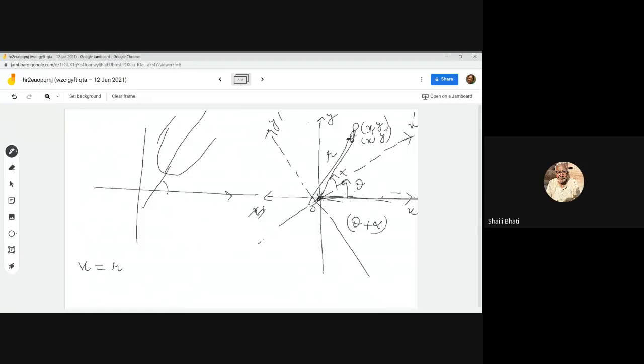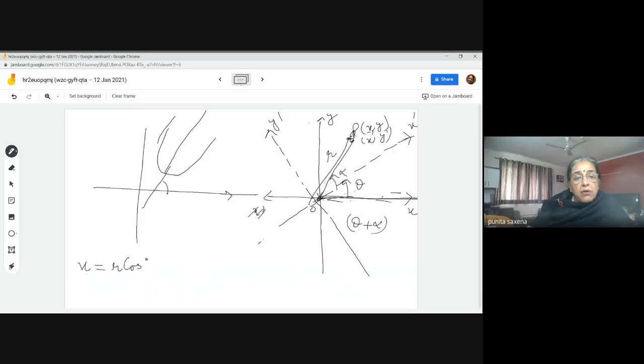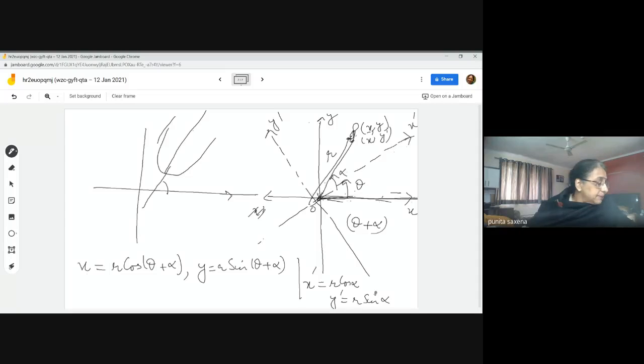So if I say x, it will be r cos theta plus alpha, because this is the total angle which the radius vector OP is making with the x-axis, right? And similarly, your y will be r sine theta plus alpha, right? But the same thing in case of x dash y dash means your x dash will be r cos alpha and your y dash will be r sine alpha. Is this clear?